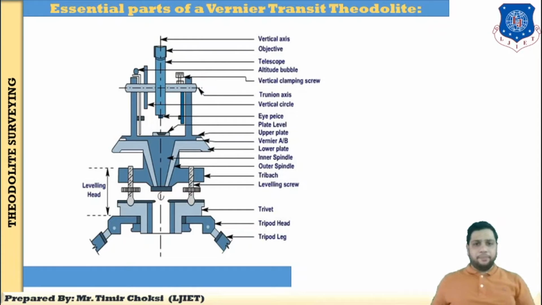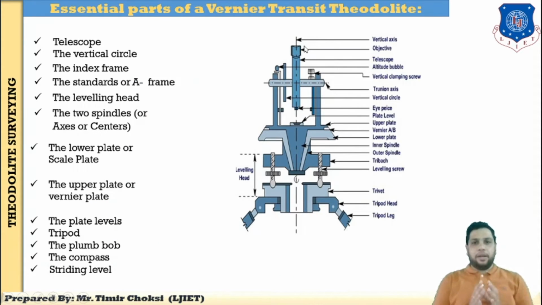There are a number of essential parts, and I will explain them in detail. First, remember all the names: the telescope, the vertical circle, the index frame, the standard A frame, the leveling head, two splinter, the lower plate or scale plate, the upper plate or vernier plate, the plate level, the tripod, the plumb bob, the compass, and the standing level.